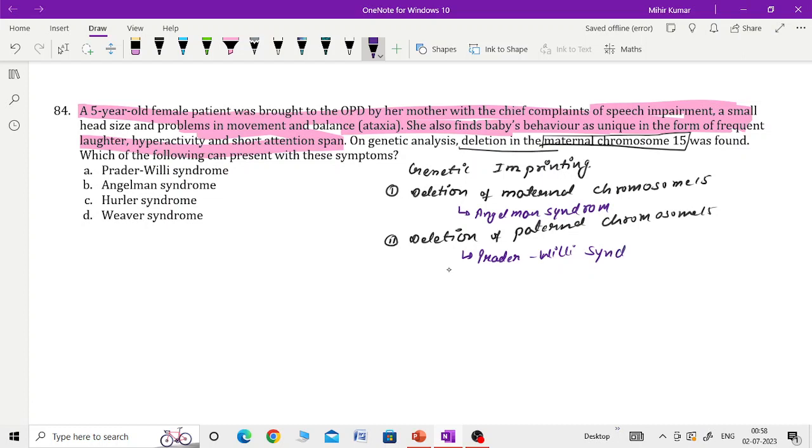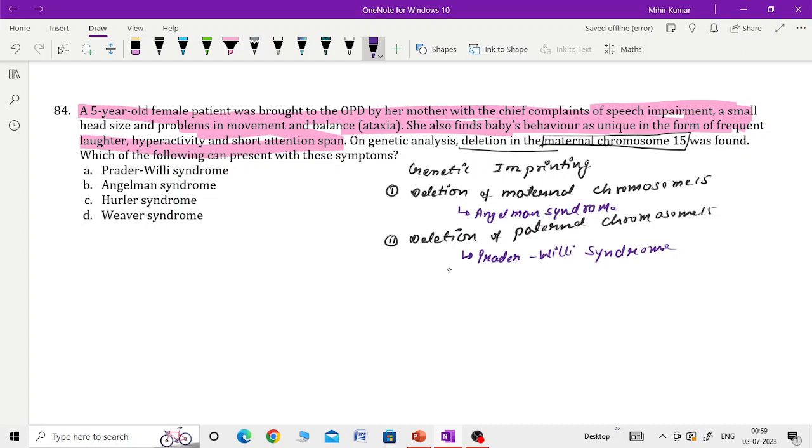Means the syndrome totally depends on the inheritance of the chromosome and the deleted inheritance of the chromosome. If the deletion occurs on the maternal side, then the syndrome is called Angelman syndrome. If the deleted chromosome is coming from the father, then it will be Prader-Willi syndrome.